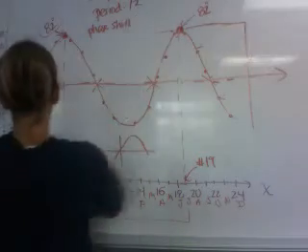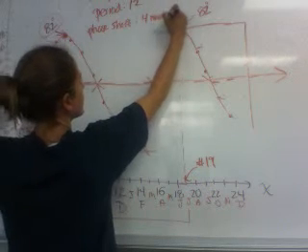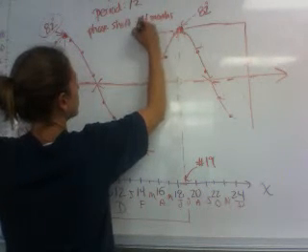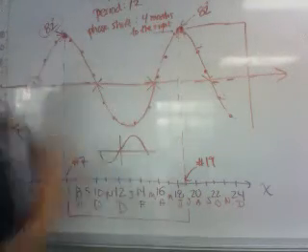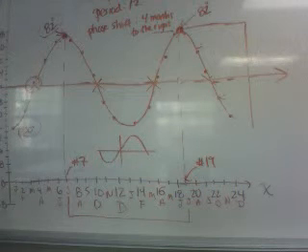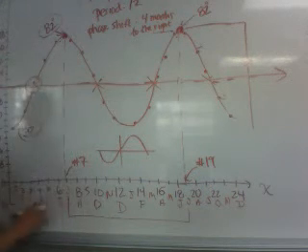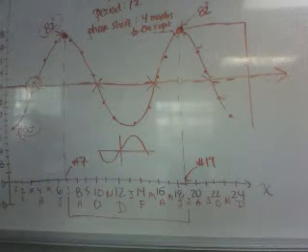So we shifted our graph 4 to the right, 4 months. Okay, that's the phase shift that occurred. We also shifted our graph temperature-wise, but it didn't ask for that, so we're not going to worry about that.